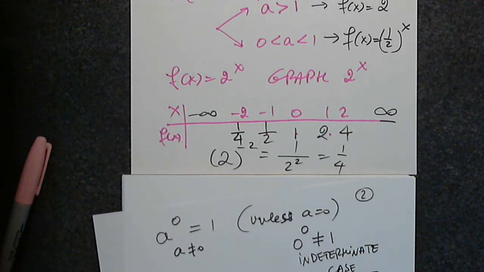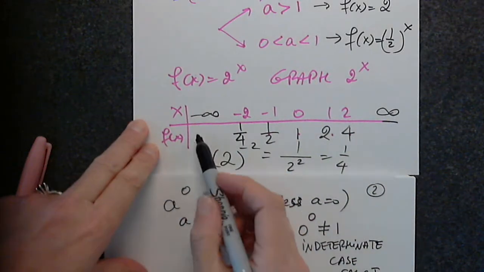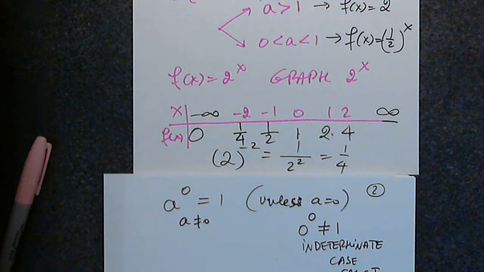Where am I going? Towards 0, of course. Let's go the other way, in the other direction: 1/4, 1/2, 1, 2, 4, 8, 16, 32, 64.